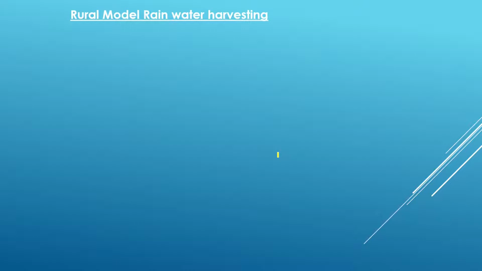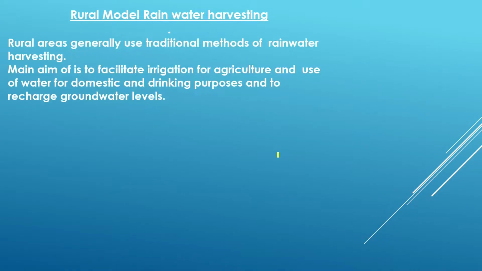Rural model rainwater harvesting. Rural areas generally use traditional methods of rainwater harvesting. The main aim is to facilitate irrigation for agriculture, provide water for domestic and drinking purposes, and recharge groundwater levels.